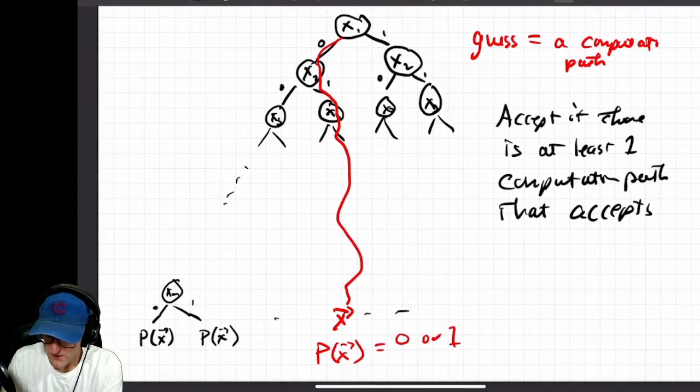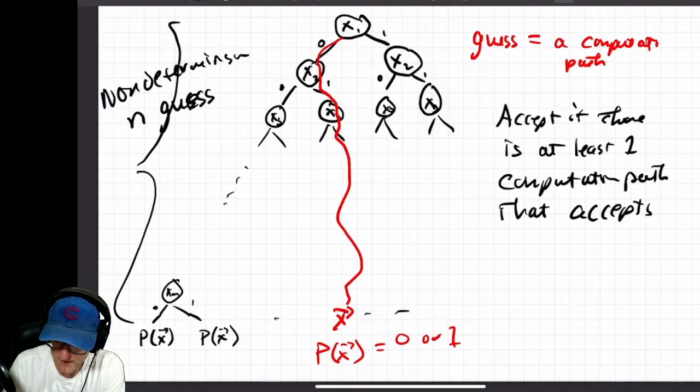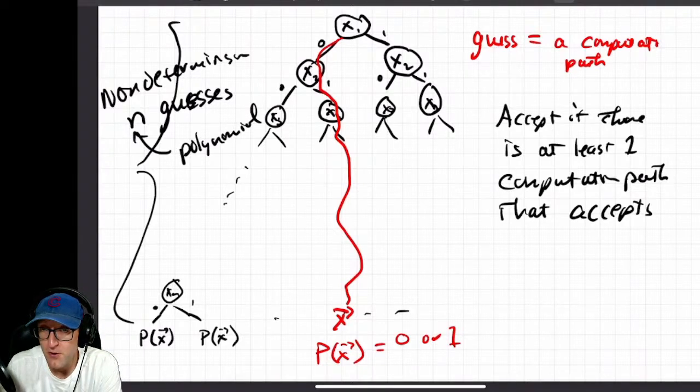So the depth of this tree here is the non-determinism, and we're making n guesses. Right? So in other words, it's polynomial. It's not deterministic polynomial. It's not linear in the traditional sense. It is non-deterministic polynomial.